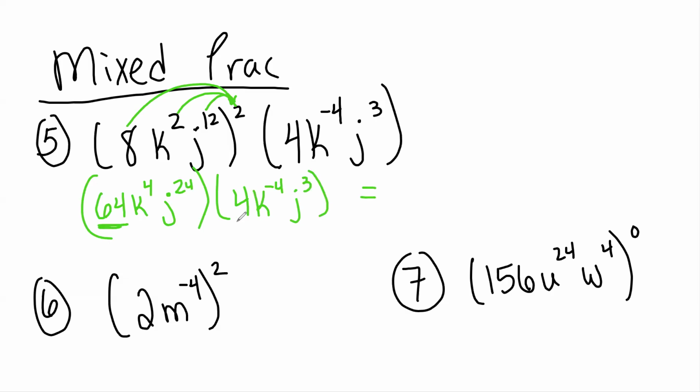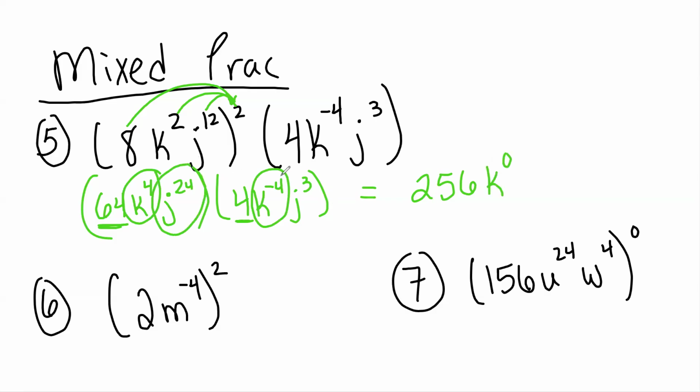Do 64 times 4, so that's what, 256? Let me check that. Yep. And now multiply, the rule was you add the exponents. So k to the 4 and k to the negative 4: 4 plus negative 4 is 0.